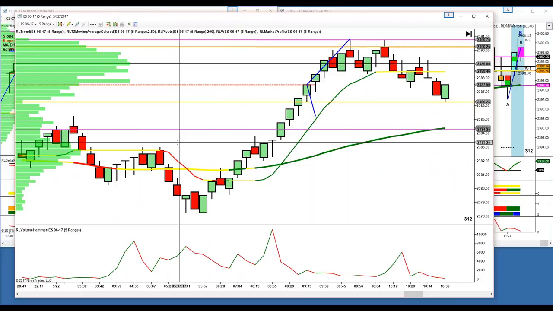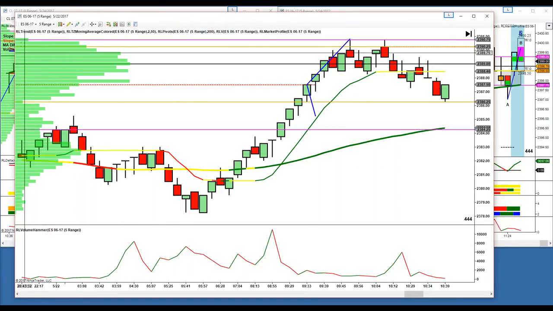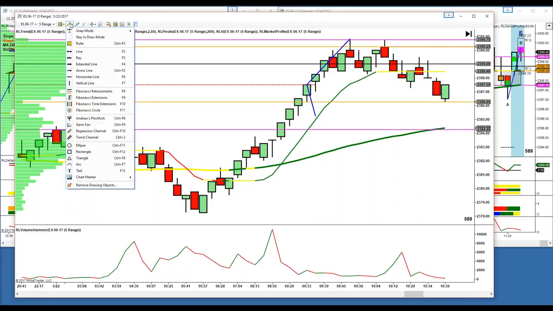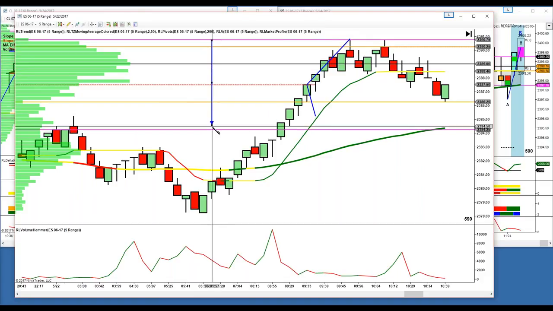Now, I'm going to go into a little bit of a detailed description of market profile, but not too much. We traded without it for a long time, and it's really, really helped our trading. This encompasses 66 2/3% of all volume at price.